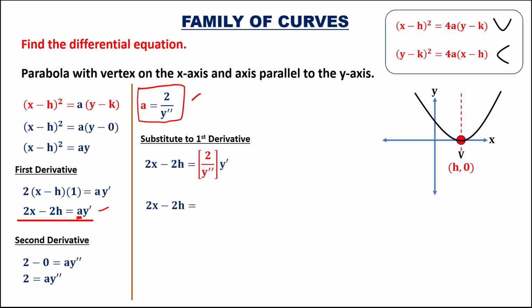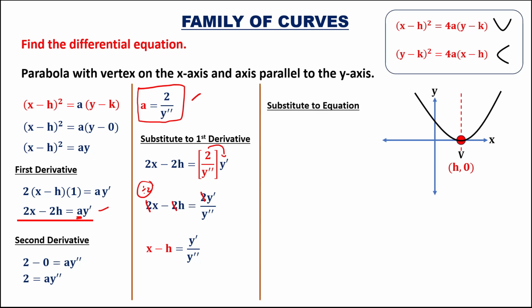Then we need to simplify, so multiply these, 2 times y prime, which becomes 2y prime over y double prime. Then observe that every term is divisible by 2, so we divide by 2. So this becomes x minus h equals y prime over y double prime.